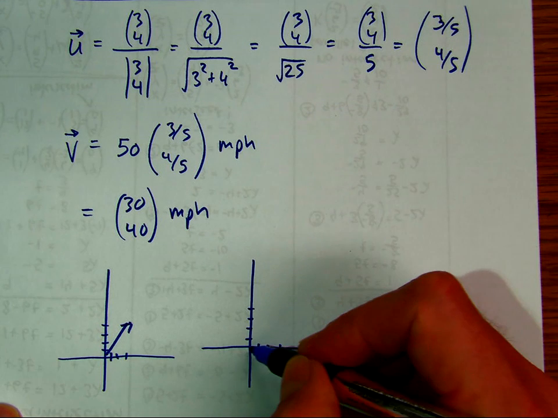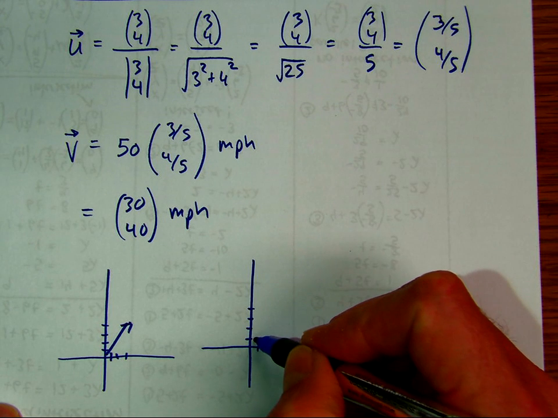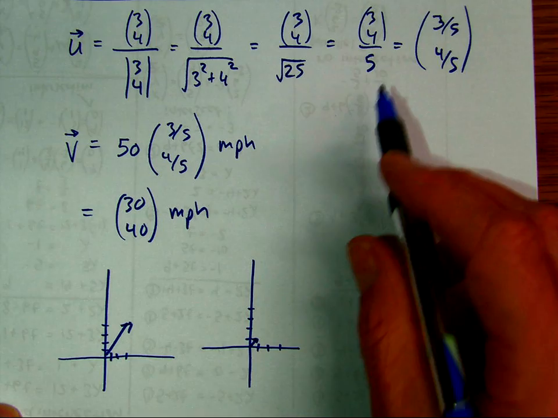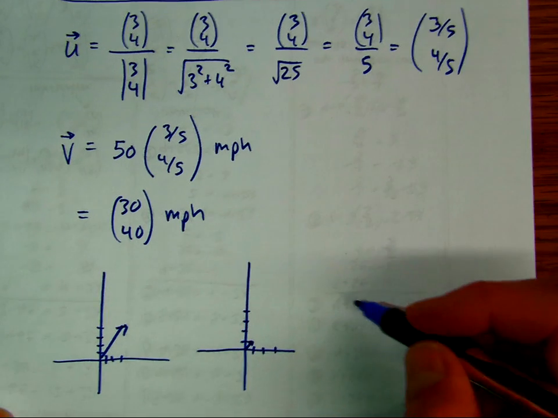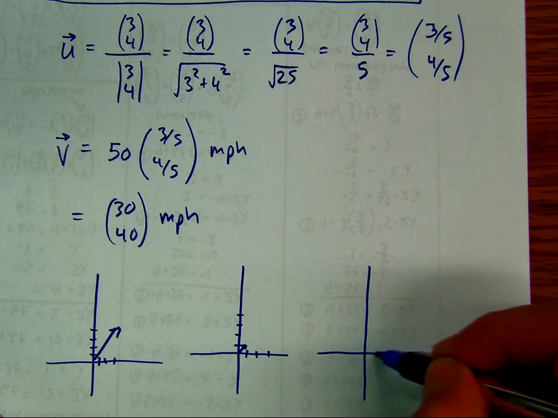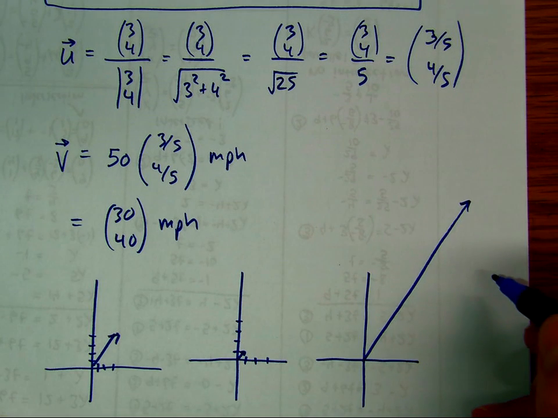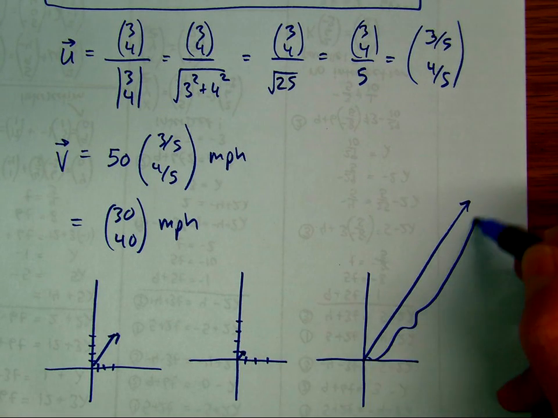So we went 3/5 and 4/5. So we took this vector, divided it by 5, and now we have a short vector, and then we multiplied that by 50, and now we should have something with a length of 50.